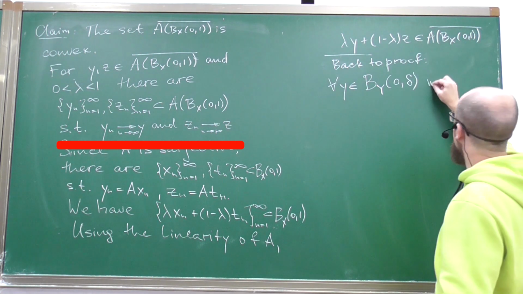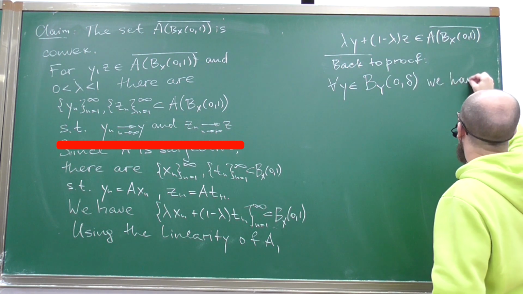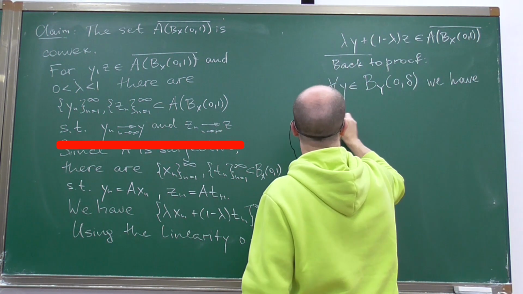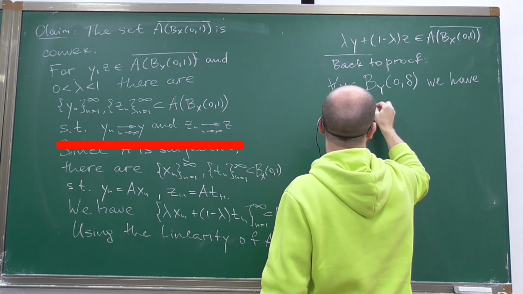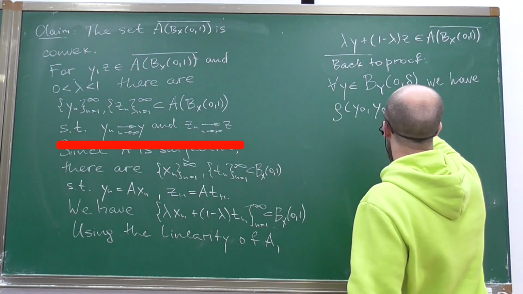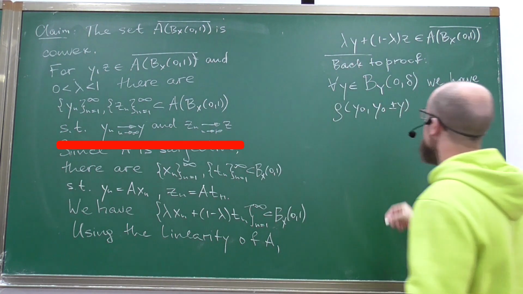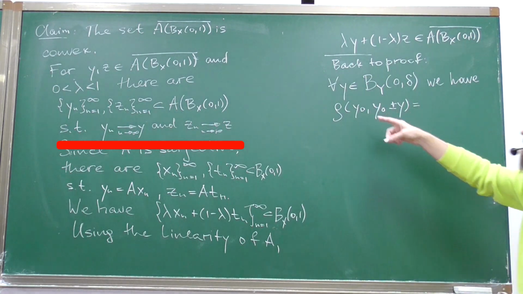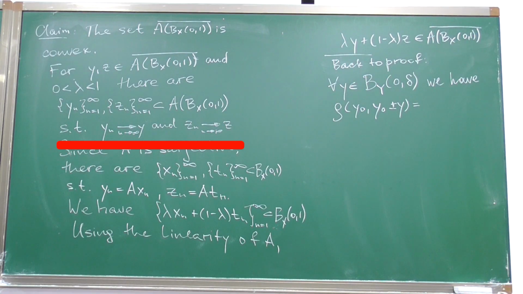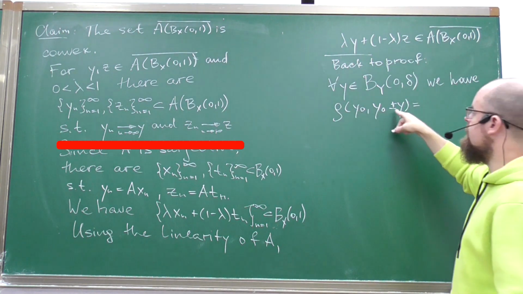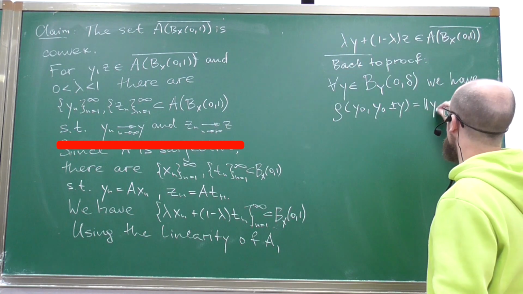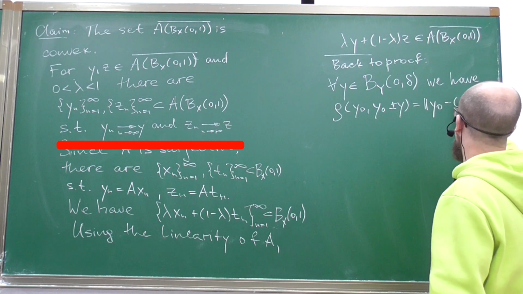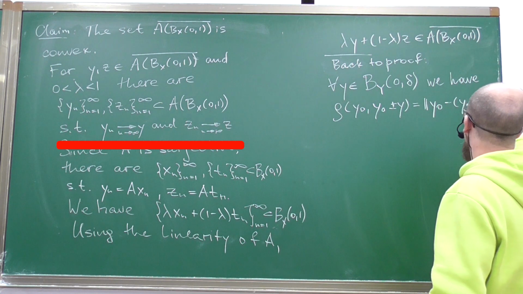We have that the distance from y0 to y0 plus minus y equals, well, in particular Y is a Banach space, so it's a normed linear space. So its metric comes from the norm. So to find the distance between two points, we find the norm of the difference.